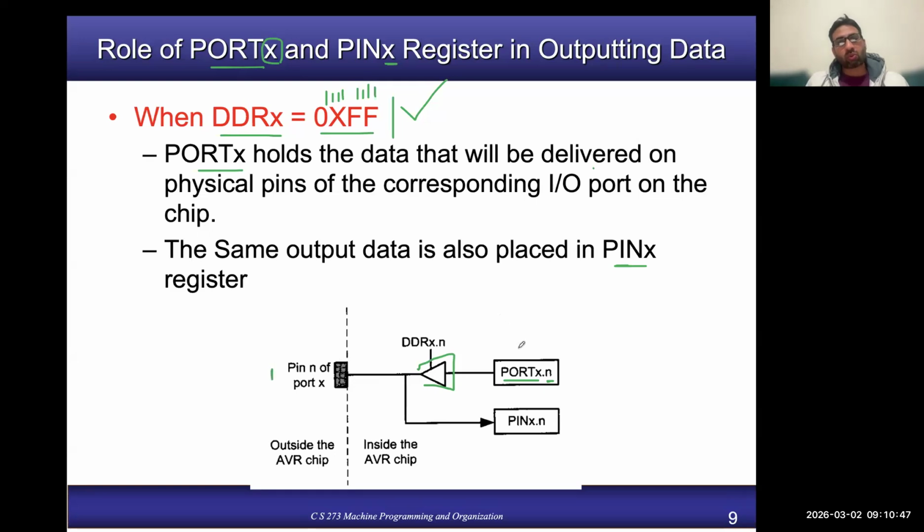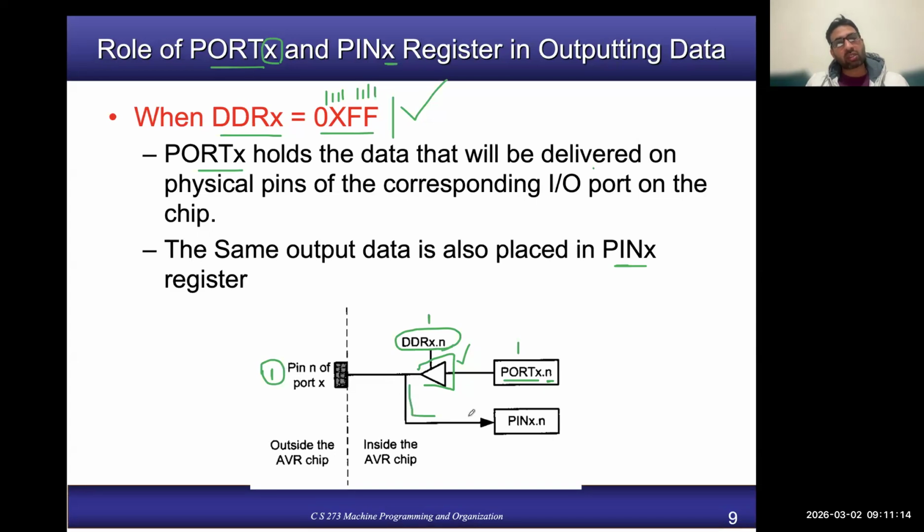Sorry, it is not called a transistor, it is called a buffer. For example, if you place 1 here, it will also become available here, right? And the nth bit of the DDR register works as the control signal of the buffer. So if it is 1, then whatever is the input will become available on the output.